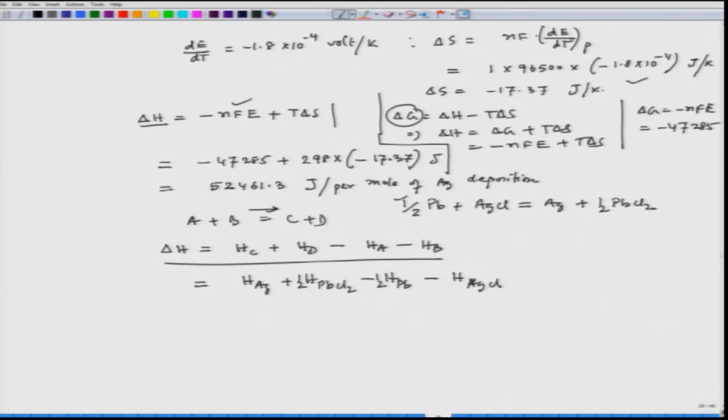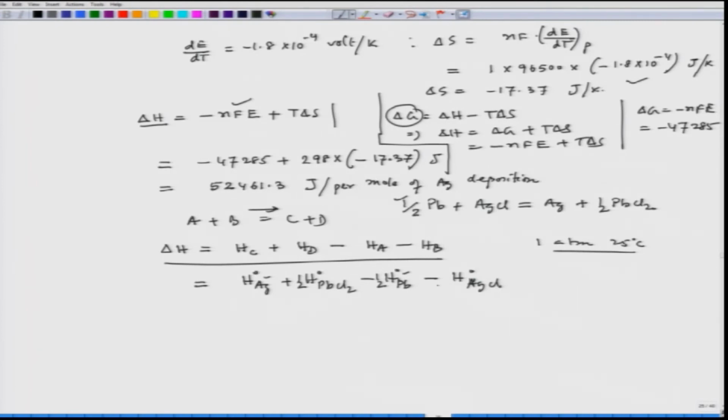Now, because this is happening at 1 atmosphere and 25 degrees Celsius, and if we consider that these are pure substances, they can be written as standard values.